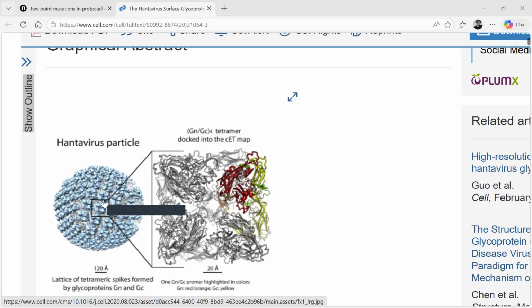Now, for the New World, the dominant one is this PCDH1, this Protocadherin-1, which we just went over, which is not used in the Old World. And the Old World is generally clathrin dependent.